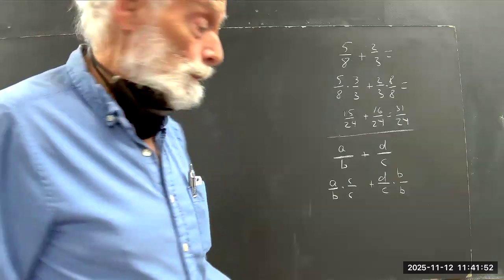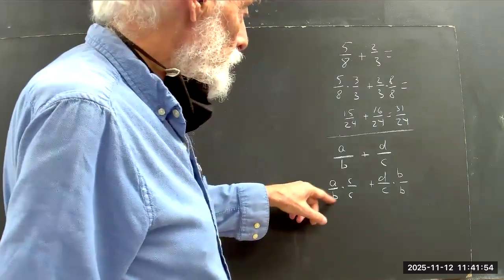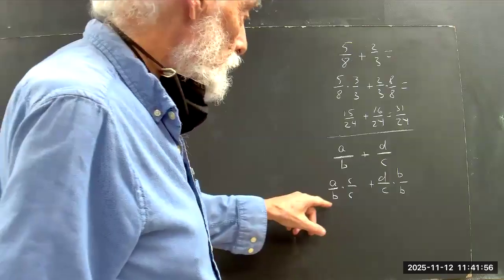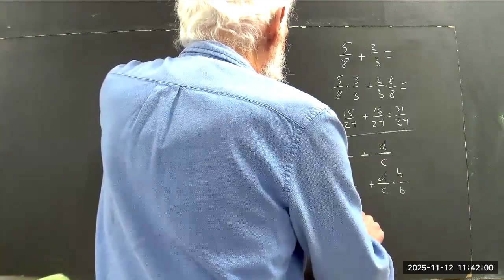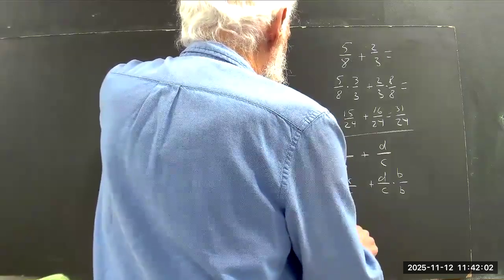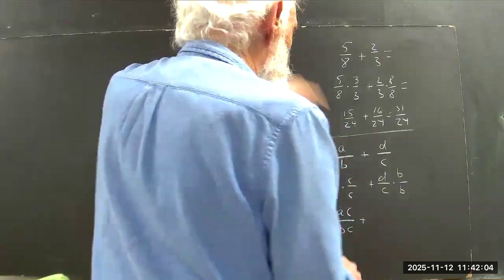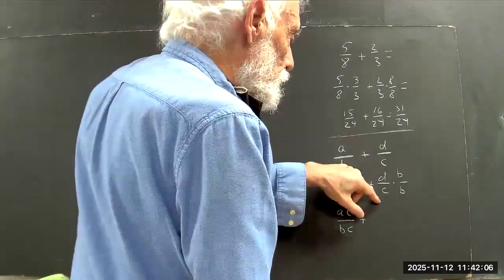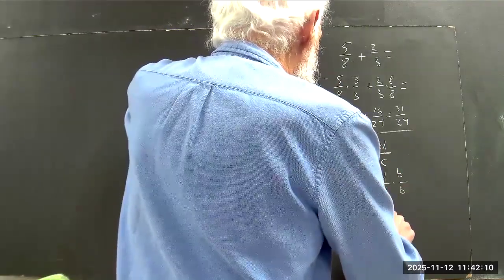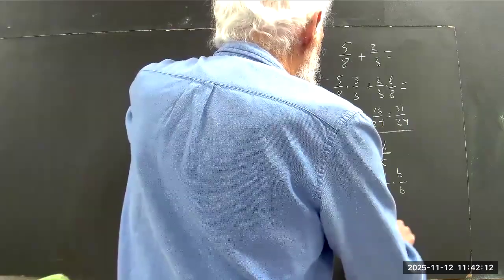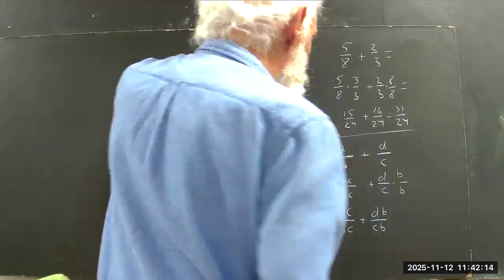Okay? So we multiply a over b times c over c, which will give us a times c over bc, plus then d over c gets multiplied by b over b, giving us db over cb.